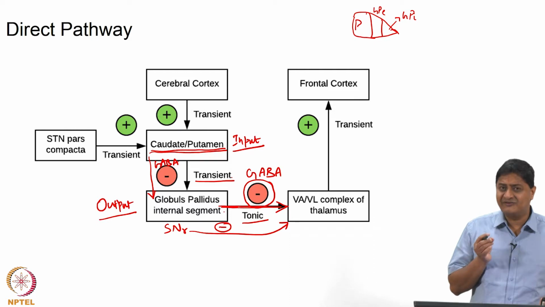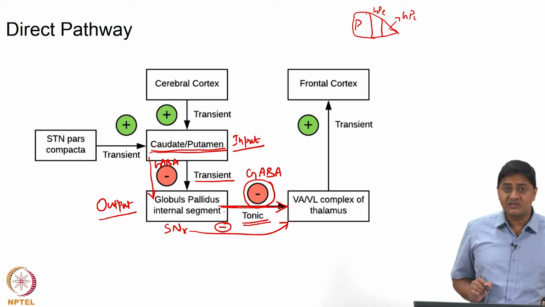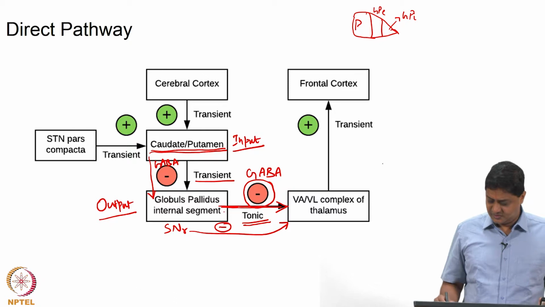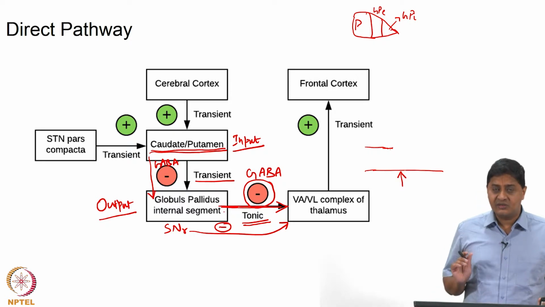For a brief period of time, the inhibition provided by the GPI neurons is halted. Let us consider that is the level of inhibition that is provided by the GPI neurons. Let us suppose at a particular point in time the striatum sends input directly to GPI and inhibits the GPI activity.